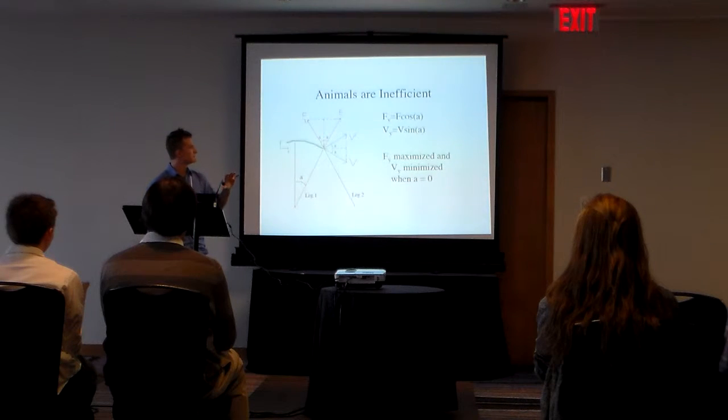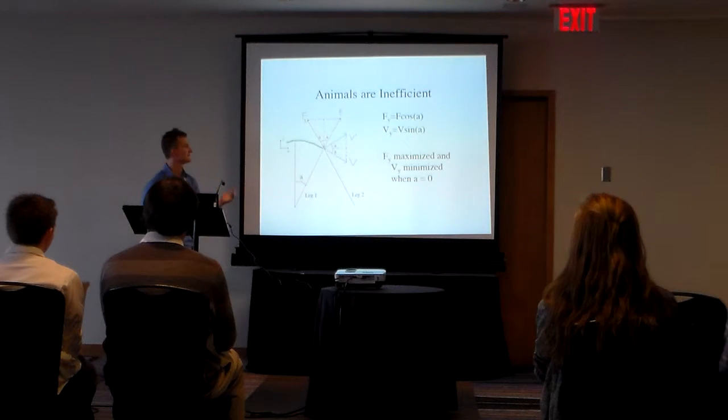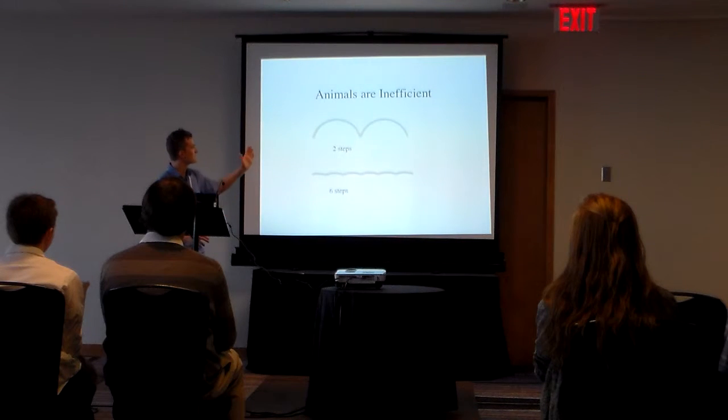So if you wanted to use the least amount of force and move the least amount of distance, you want the angle between the vertical and your leg when you make this step to be as small as possible. So you might be thinking, well, what does that look like? Having an angle of 0? Well, as you get closer, we go from the large steps, in this crude drawing, to smaller angles, but then we have to take more steps.